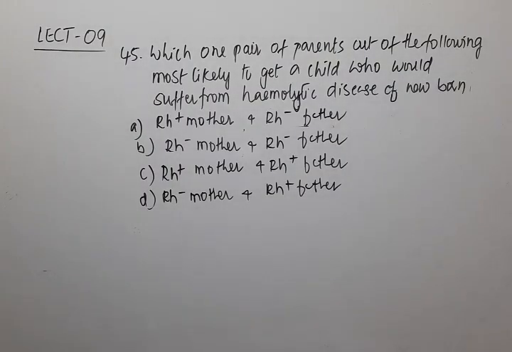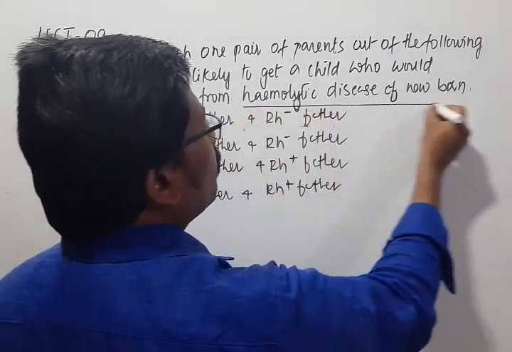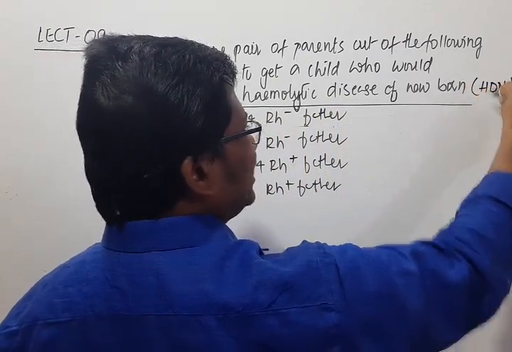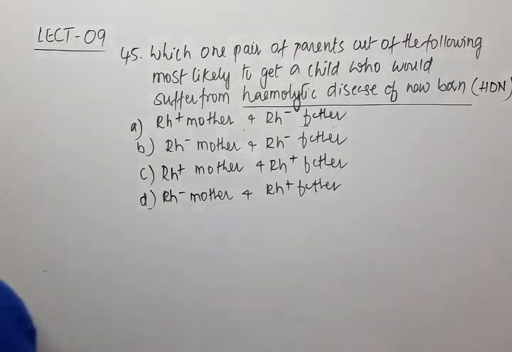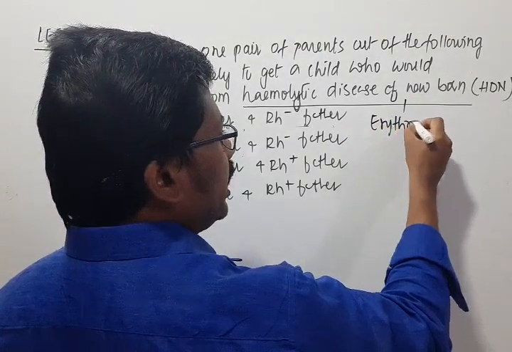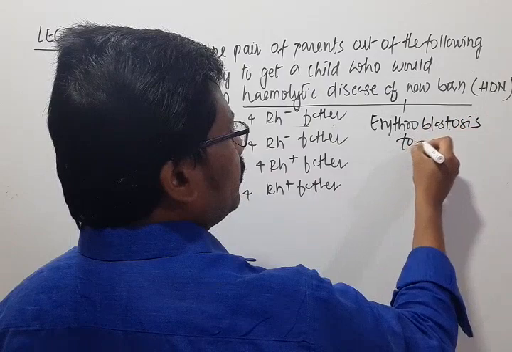So the next question: which pair of parents out of the following is most likely to get a child who would suffer from hemolytic disease of the newborn? This hemolytic disease of the newborn is also called in short HDN. You can also call it hemolytic disorder of the newborn; it is nothing but another name for erythroblastosis fetalis.